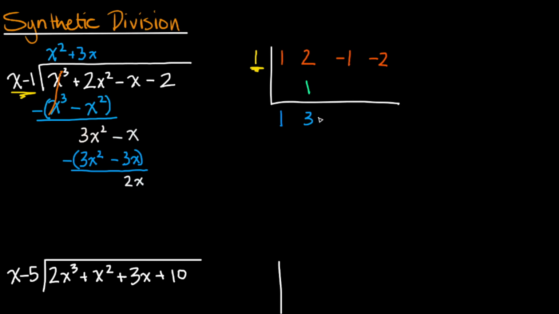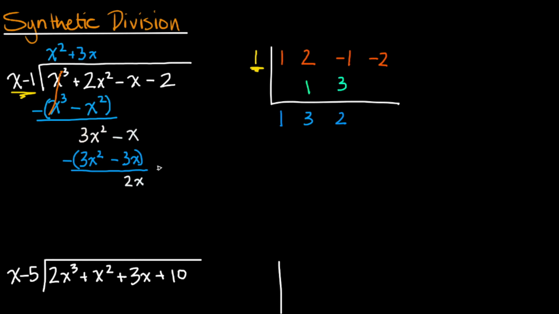We're going to multiply the 3 times the 1 and add it. So let's do that. 3 times 1 is simply 3, so we put a 3 over there. Then negative 1 plus 3, because we're doing addition here instead of subtraction, is equal to 2.